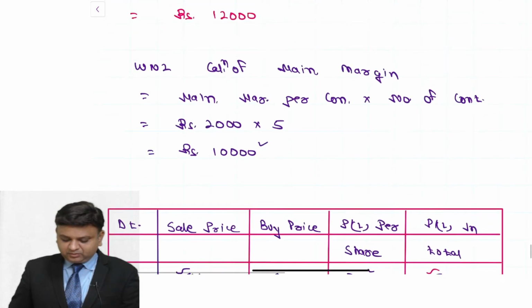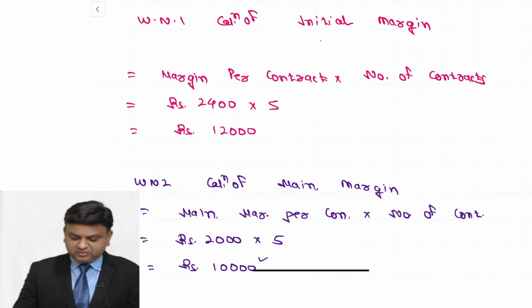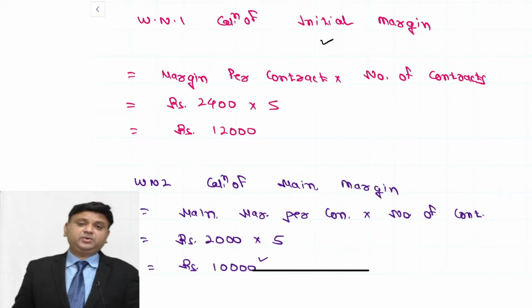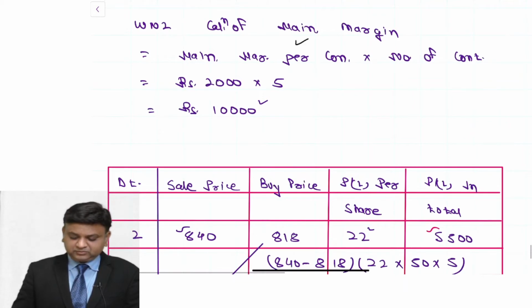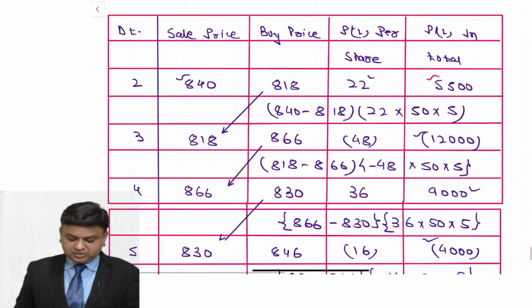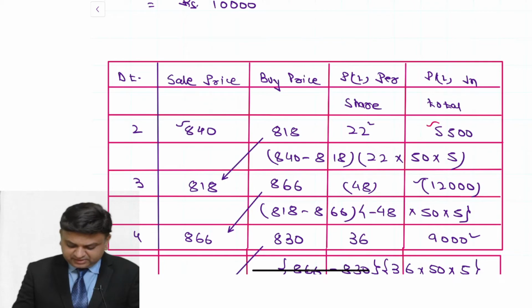So this is the point at which the question is coming to an end. So again we have done the working notes like this. First is the calculation of the initial margin which you are required to pay when you enter into the transaction. Maintenance margin, this is the amount of the balance that you should be having, otherwise you are required to make the payment of the margin. And then importantly the margin statement.